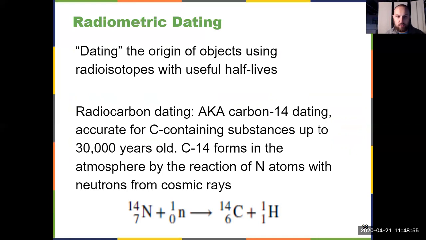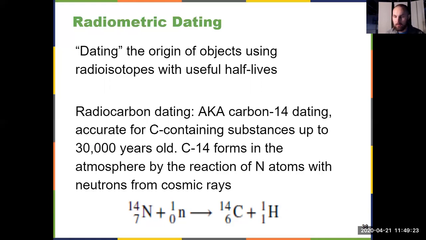So we can use radiocarbon dating for anything that contains carbon, up to a maximum time of 30,000 years. Okay? Beyond that, then all the carbon-14 has pretty much disappeared. Okay? And the reason for that is because most of our carbon that we encounter is carbon-12. There's only trace amounts of carbon-14, about 1 part per trillion, because carbon-14 is formed in the atmosphere.